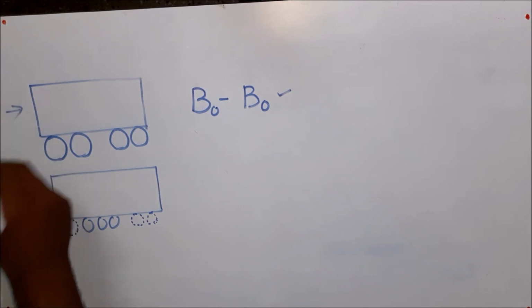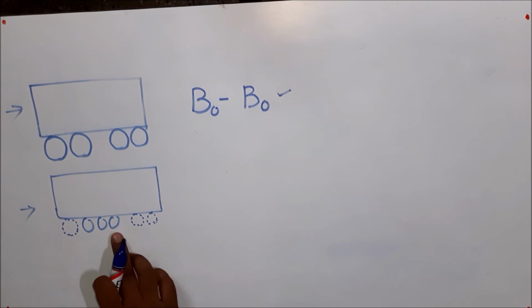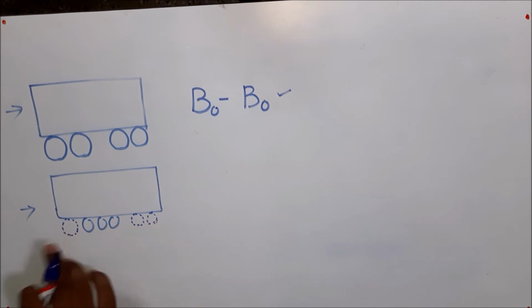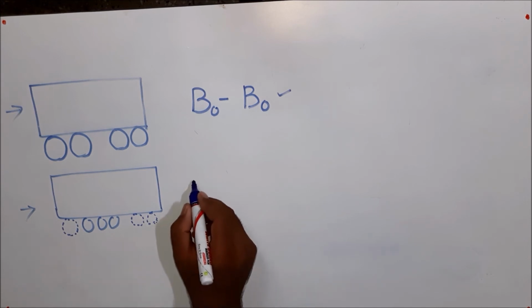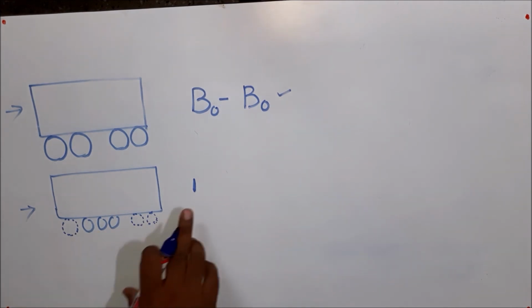You can code from any side, no problem, but left to right is best practice. You can see this is dotted, these three are solid, and these two are dotted, and there is no connection between the wheels. The first wheel is a dummy wheel, so you write 1. One dummy axle means 1.